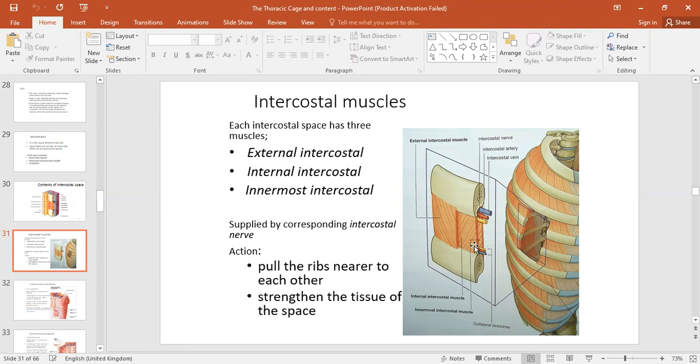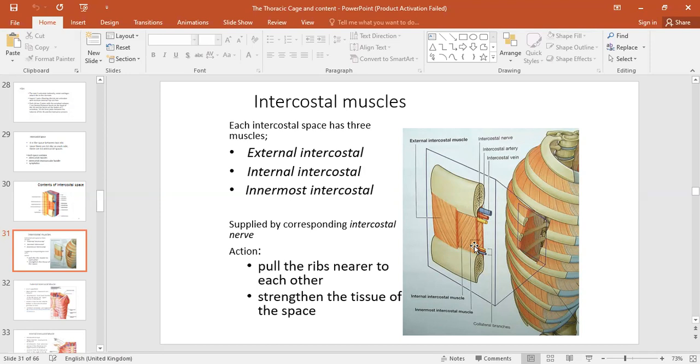The rib cage will expand. So external intercostal muscles are muscles of inspiration. When you're breathing in, the rib cage should expand, and these muscles together with the diaphragm help to do that.